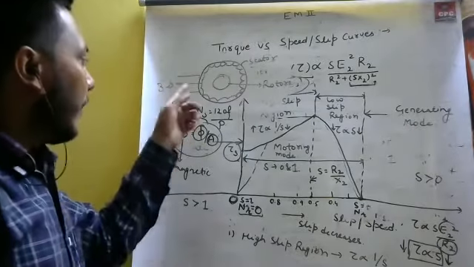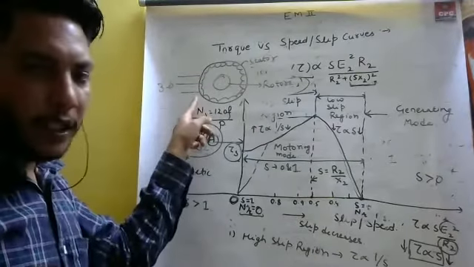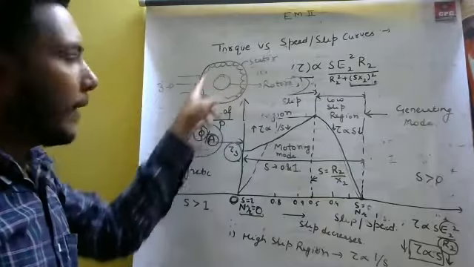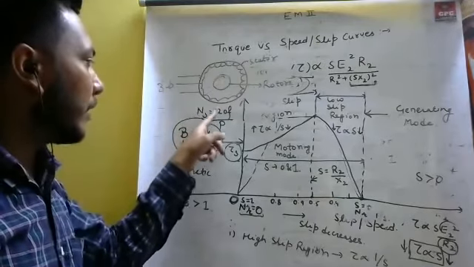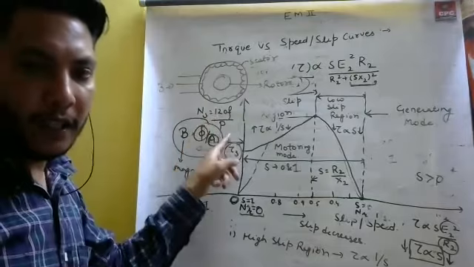At starting, the field rotates at a speed ns equal to 120 f upon P.